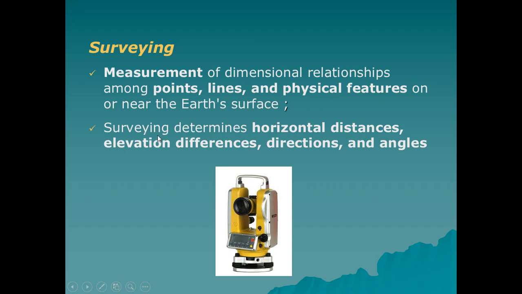So the main thing to remember is that it determines horizontal distances, elevation differences, directions, and angles. If you look at all of these parameters, you know that this is information that can actually help you to draw features on a map, right? Here is an example of the equipment that we call a theodolite. This captures that type of information.